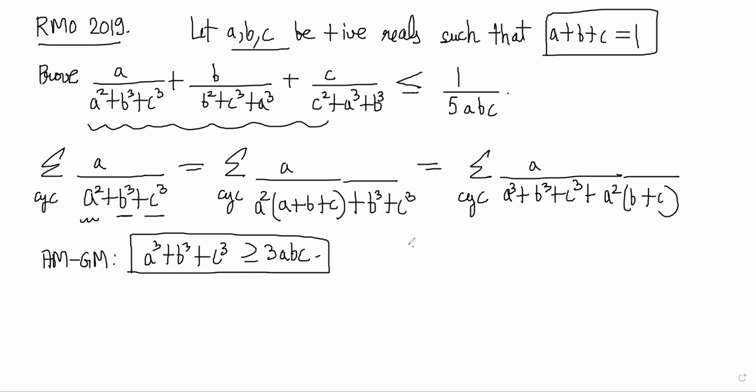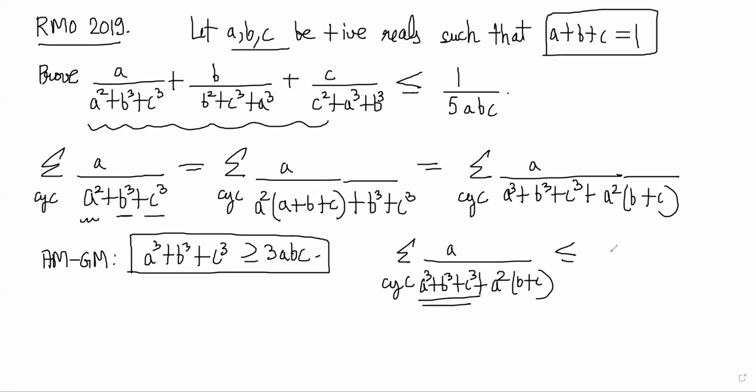So therefore, the cyclic sum of A by A cube plus B cube plus C cube plus A square into B plus C, if you replace this with 3ABC, you will get something larger because 3ABC is smaller. So you'll get less than or equal to the cyclic sum of A by 3ABC plus A square into B plus C. Right?